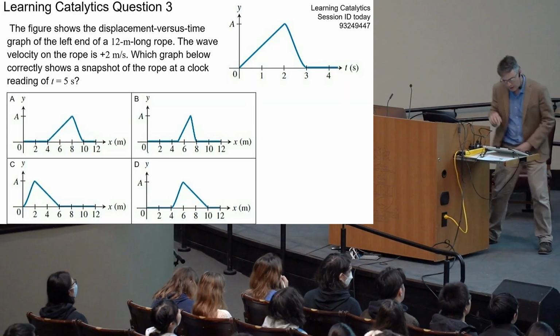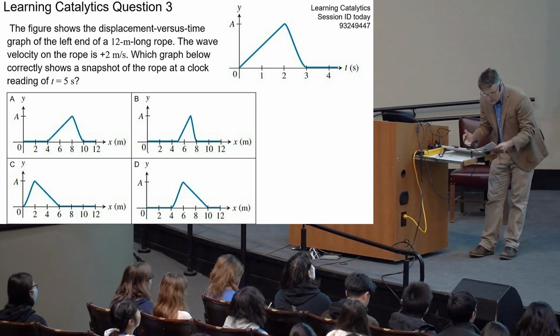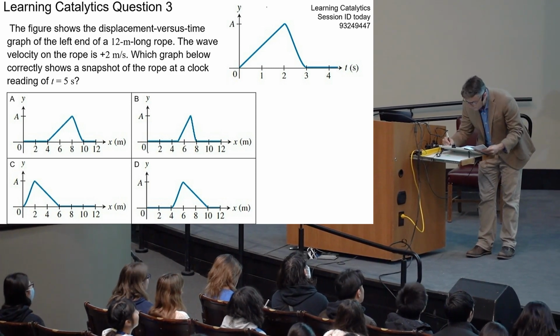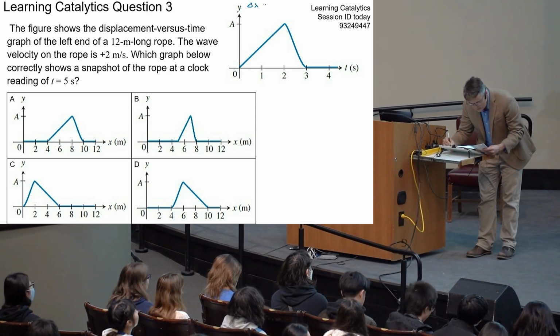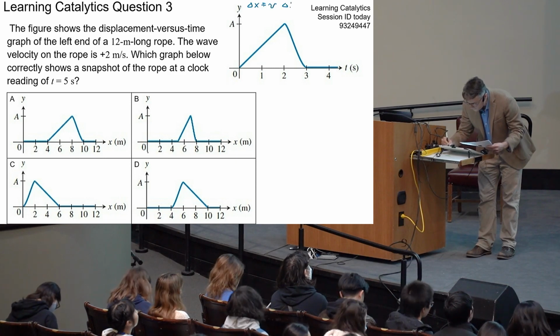So let me try to describe what I was thinking there. First of all, delta x is equal to v times delta t, right?